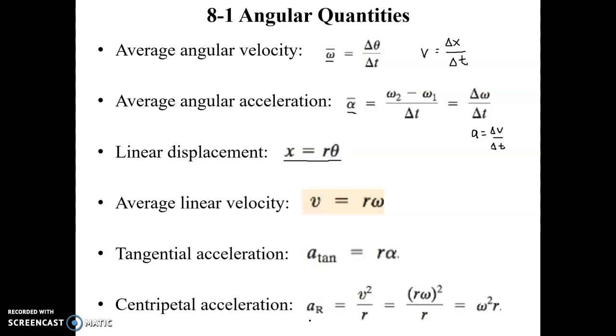And then finally, we have centripetal acceleration, which is equal to v squared over r. And since v is equal to r omega, we could say it's r omega squared over r, and then that simplifies to just omega squared times r. So it may seem like a lot, but a lot of it isn't really new. It's just in a slightly different context.